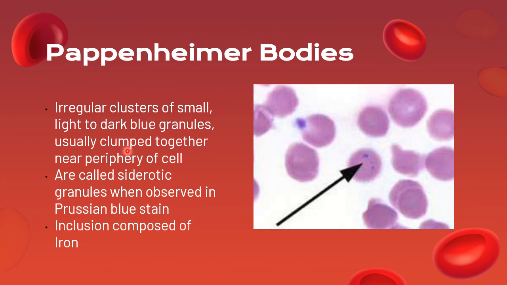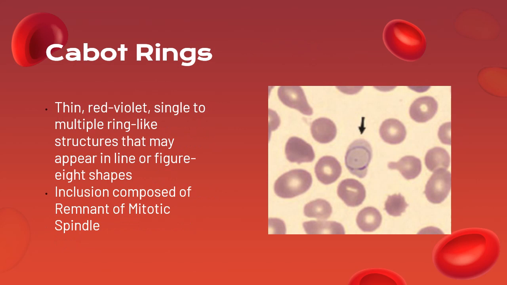These are irregular clusters of small light to dark blue granules, usually clumped together near periphery of cell, are called siderotic granules when observed in Prussian blue stain. Ito naman is composed of iron. Cabot rings are thin red-violet, single to multiple ring-like structures that may appear in line or figure 8 shapes. So these are remnants of mitotic spindle.